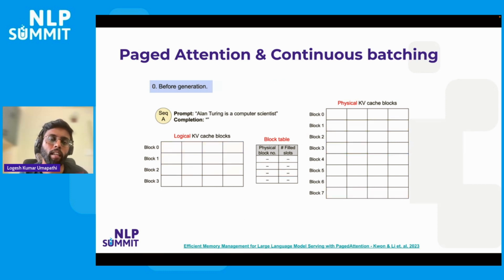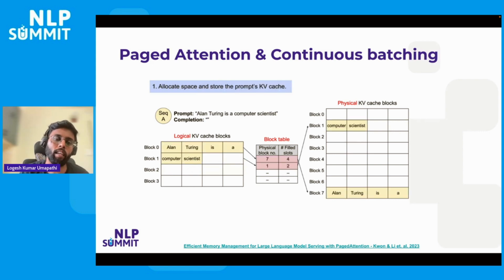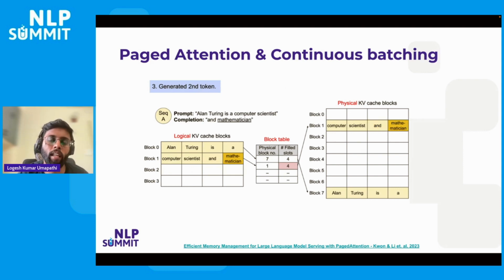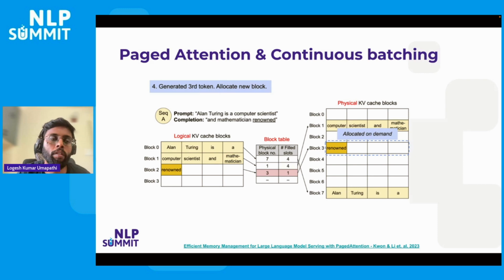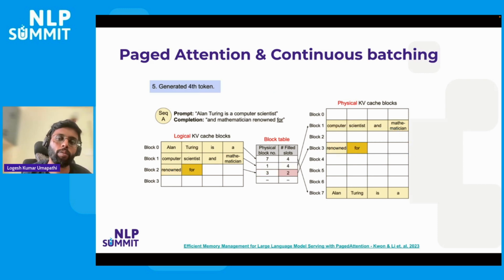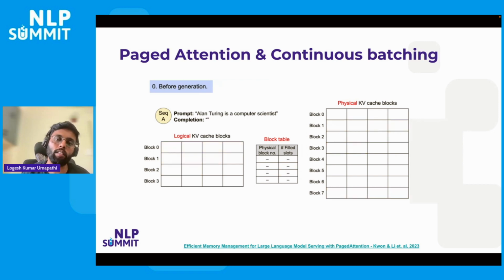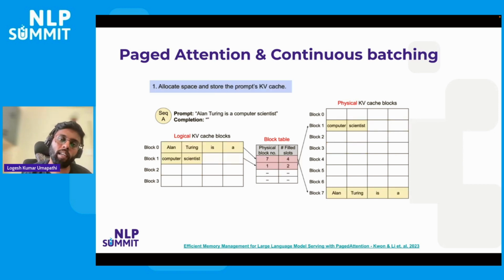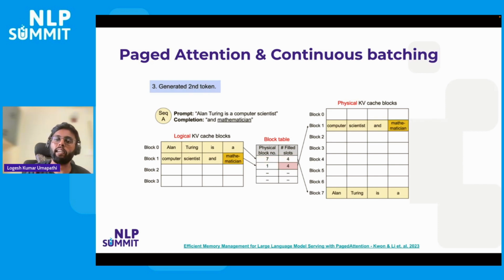Traditionally, when we have a bunch of sequences that we want to infer in a batch on an LLM, the KV cache has to be pre-allocated to the size of the max new tokens expected in the batch. Let's say we set max new tokens to 1024, then the KV cache has to be pre-allocated for the whole 1024 tokens.